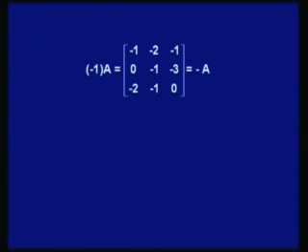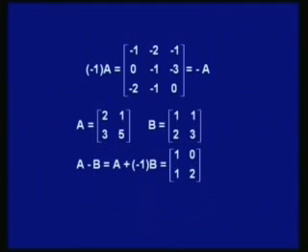In another example, I multiply the matrix A by the scalar -1, and the result will be -1, -2, -1, 0, -1, -3, -2, -1, 0. I have taken the same matrix A as in the earlier example, and this matrix is denoted by -A. So, -A is the matrix obtained by multiplying A by the scalar -1.